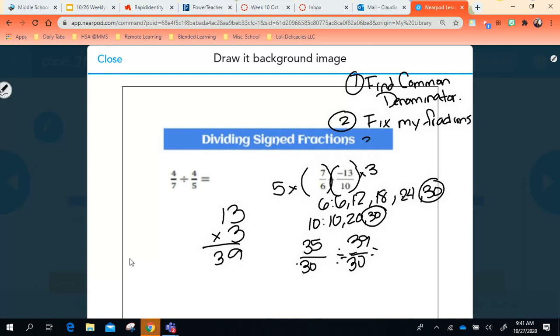Third step. Is it negative or is it positive? That's right, it's going to be negative because I have a positive and a negative gives me a negative answer.